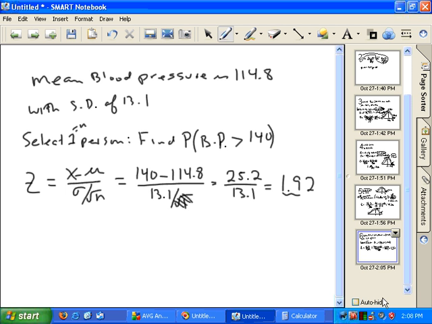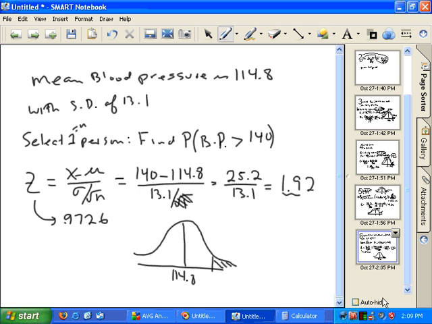So I look up 1.9 in the left column, and I go across to the 2. 1.92 is 0.9726. Now, with respect to our picture, the mean is 114.8.